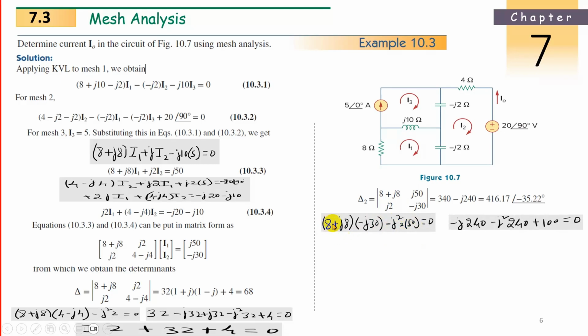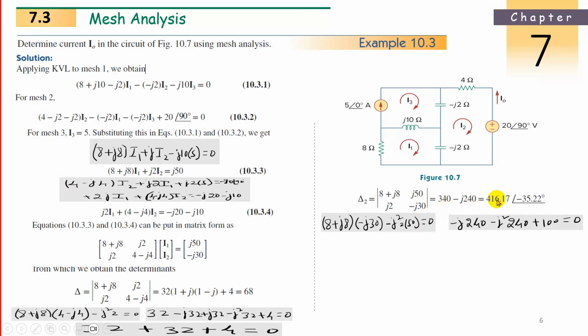Now 8 into j30 is minus j240. Then j squared becomes minus j squared and 8 into 30 is again 240. Here again j squared is minus 1, minus of minus is plus, so plus 240 here. Plus 240 plus 100, how much? 340. So plus 340 minus j240.